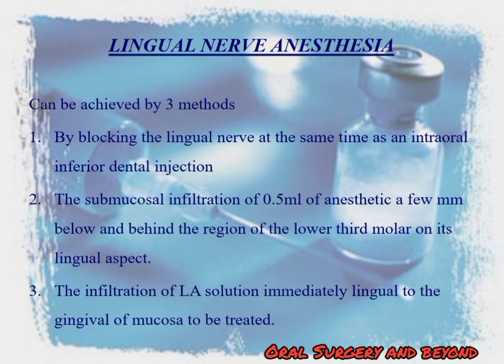So this is the indirect technique of giving a lingual nerve block. In the literature, three methods are given. One, as I said earlier, is blocking the lingual nerve at the same time as the intraoral inferior alveolar dental injection.